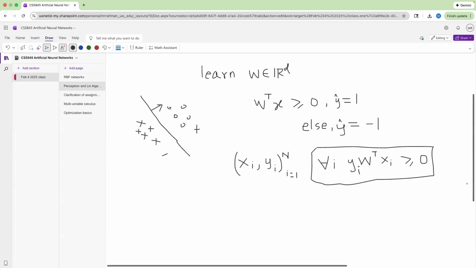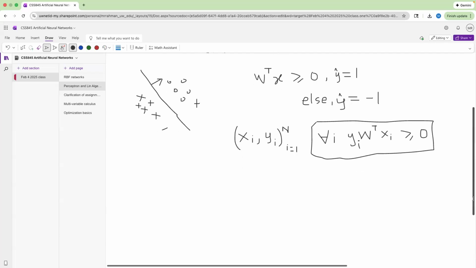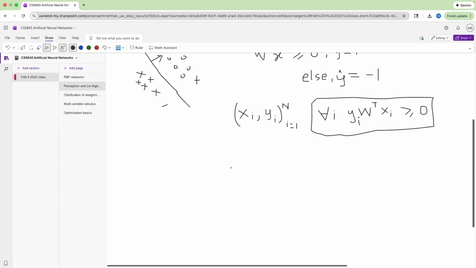So our learning rule was the perceptron rule, which we discussed last time.